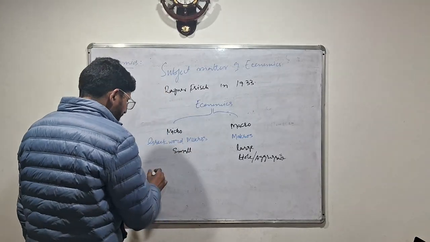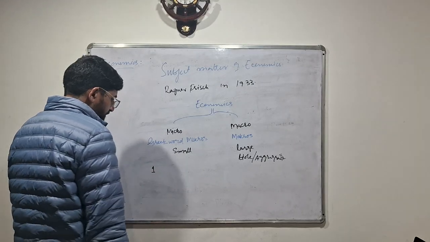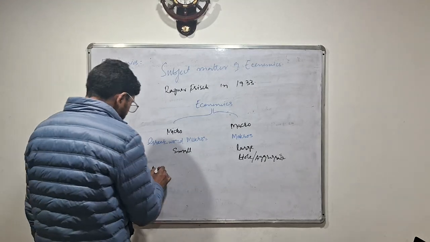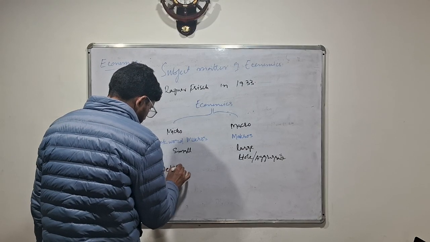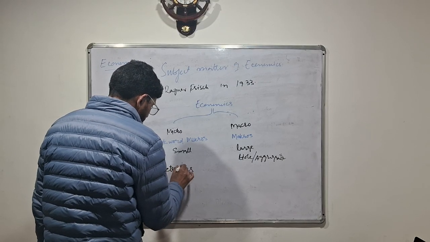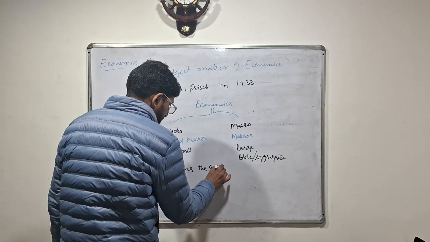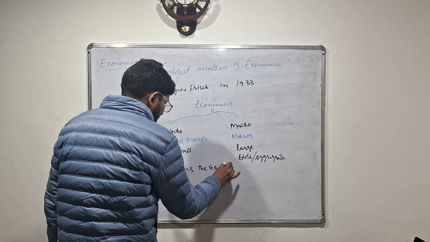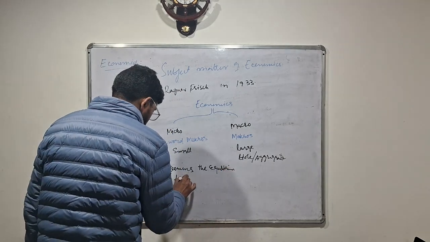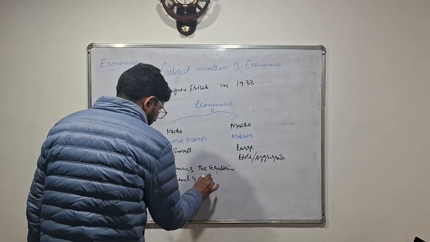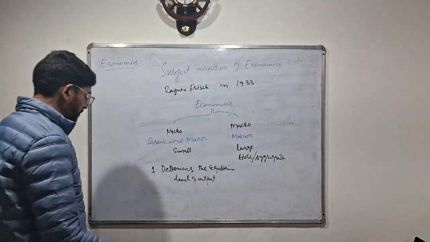In microeconomics, first, microeconomics determines the equilibrium level of output.